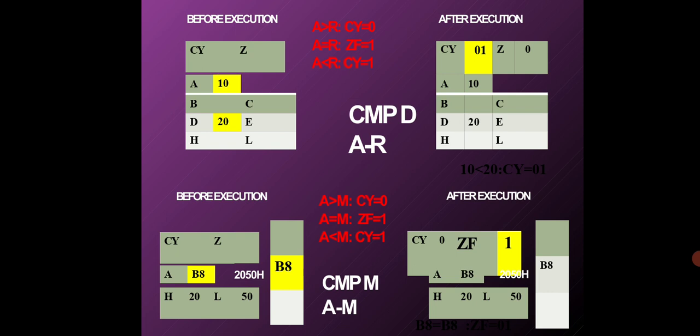So after execution of the command CMP M: if A is greater than M, then carry is 0. If A is equal to M, then the zero flag is 1. If A is less than M, then carry is 1. So the zero flag is 1.